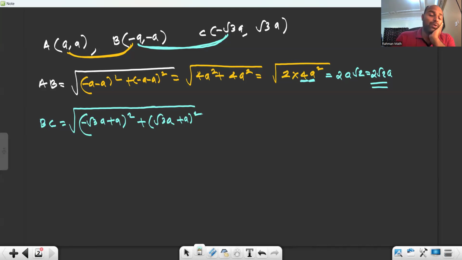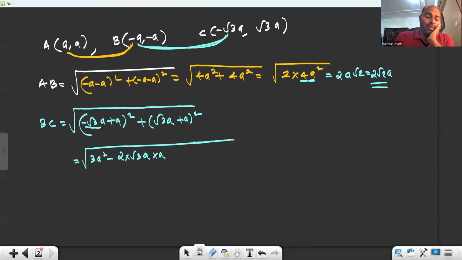Because we have to do (a plus b) whole square and so on. Root 3 a square will be 3a square, minus 2 into root 3a into a, plus a square.